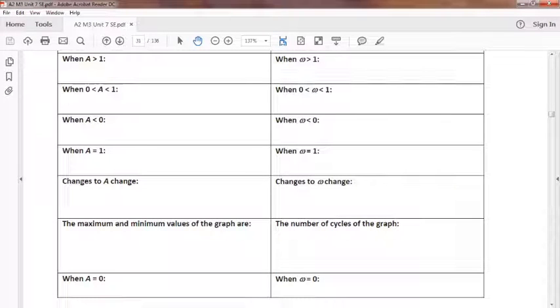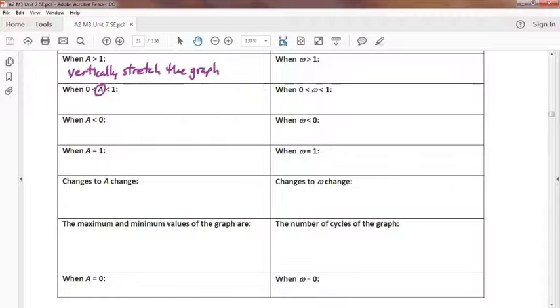Let's start with when A is greater than 1. When A is greater than 1, that would vertically stretch the graph. Alright, the rest of it I'll simplify a little bit more.